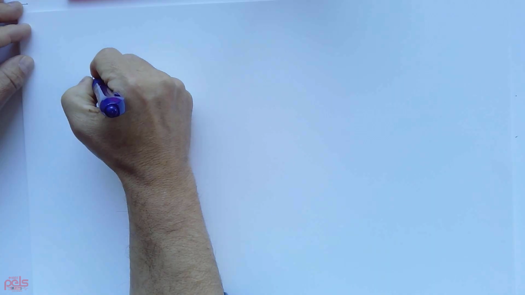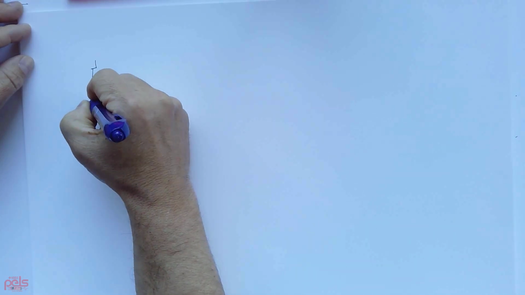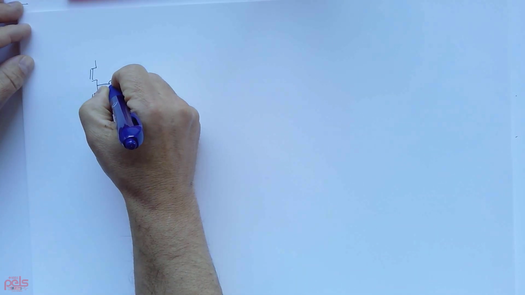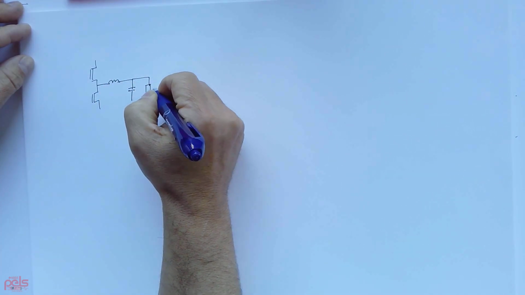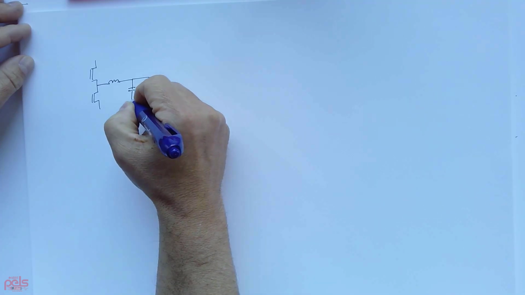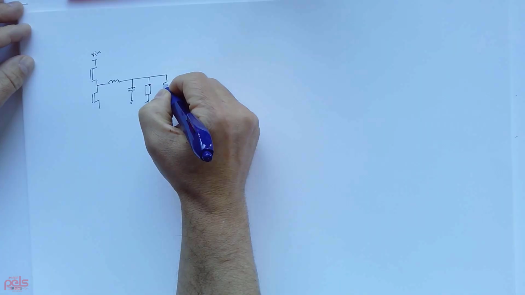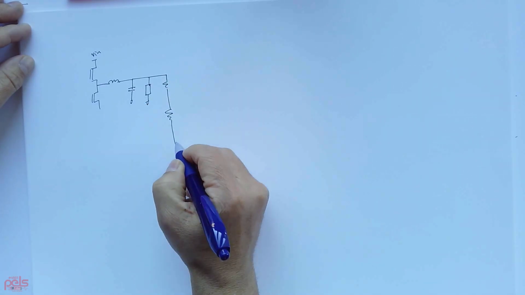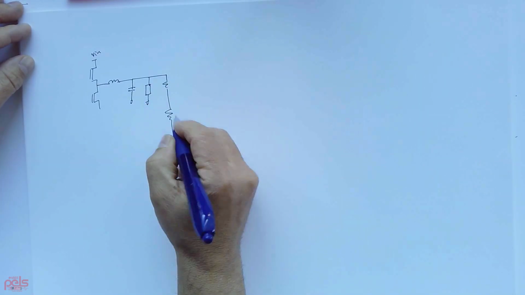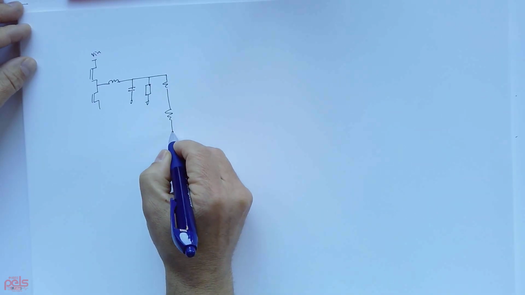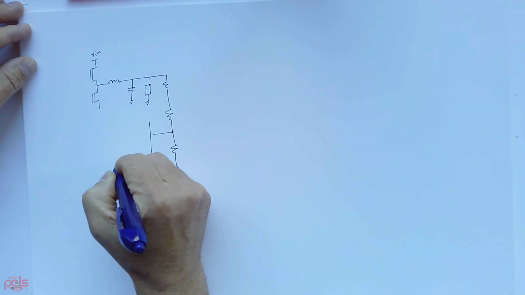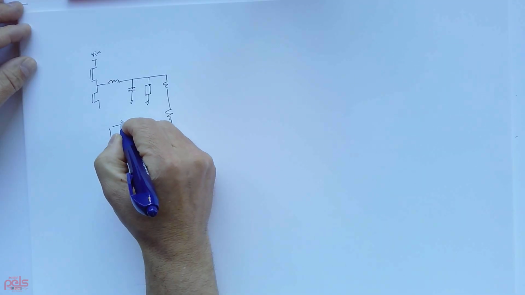So the circuit that I had was a buck converter, kind of looked like this. Okay, so load. This is the input. This is the controller.